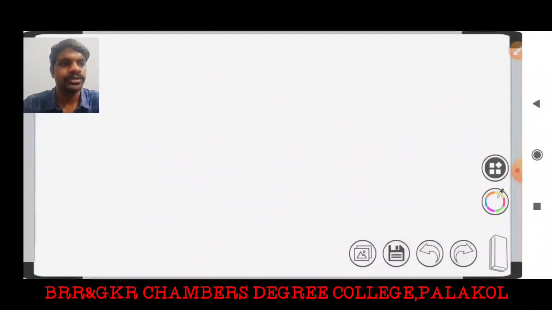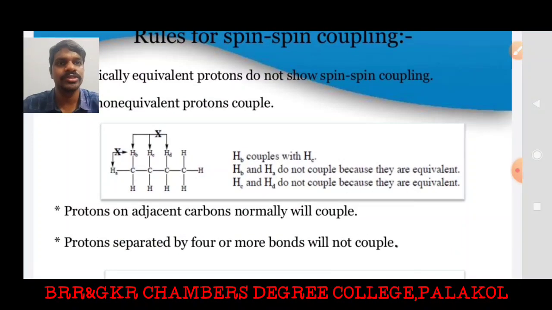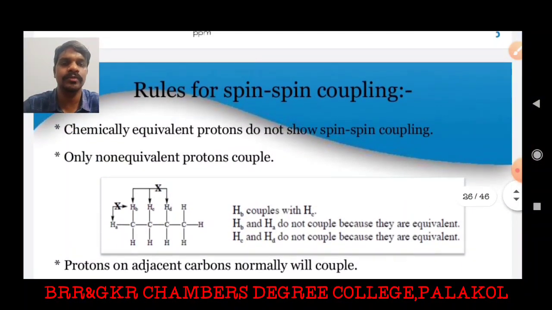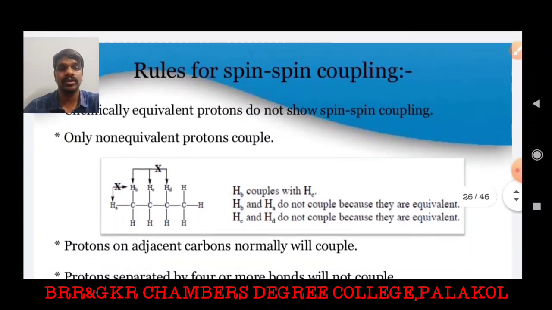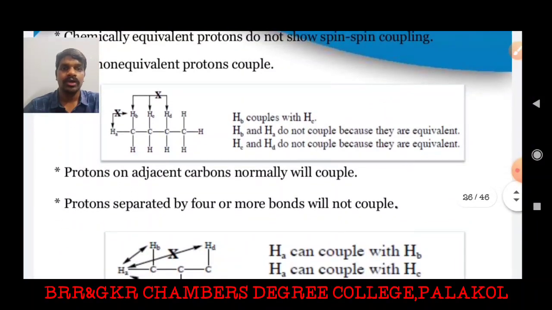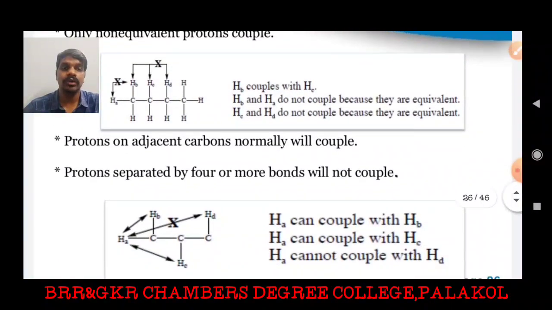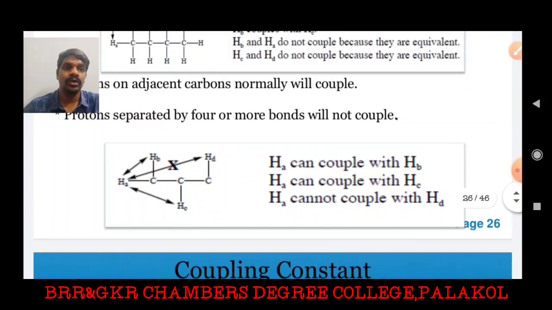Now let us revise in one minute about spin coupling. What are the rules for spin coupling, students? Chemically equivalent protons do not show spin coupling; only non-equivalent protons undergo coupling, and protons on adjacent carbons normally couple. Protons separated by four or more bonds will not couple.